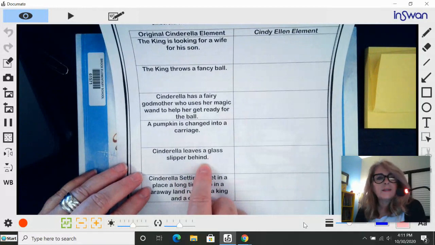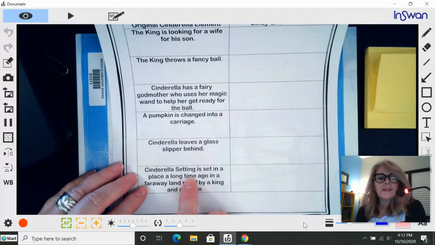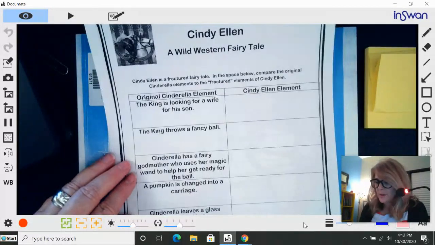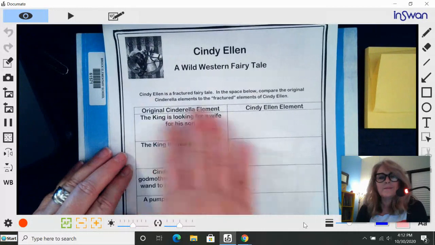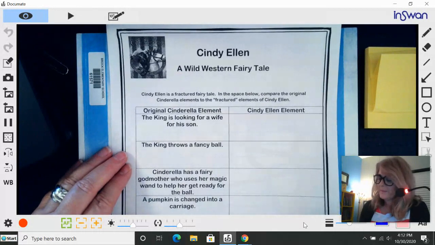Cinderella leaves a glass slipper behind. The Cinderella setting is set in a place a long time ago in a faraway land ruled by a king and a queen. Okay, so that is the original, things that happen in the original Cinderella story that we grew up with.